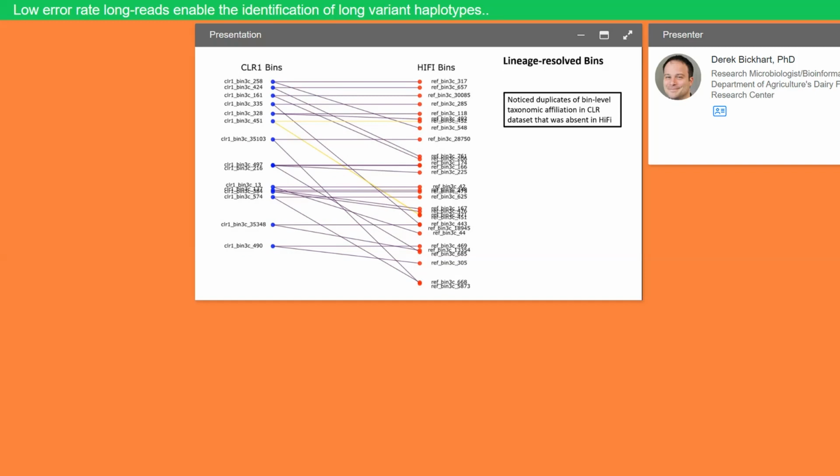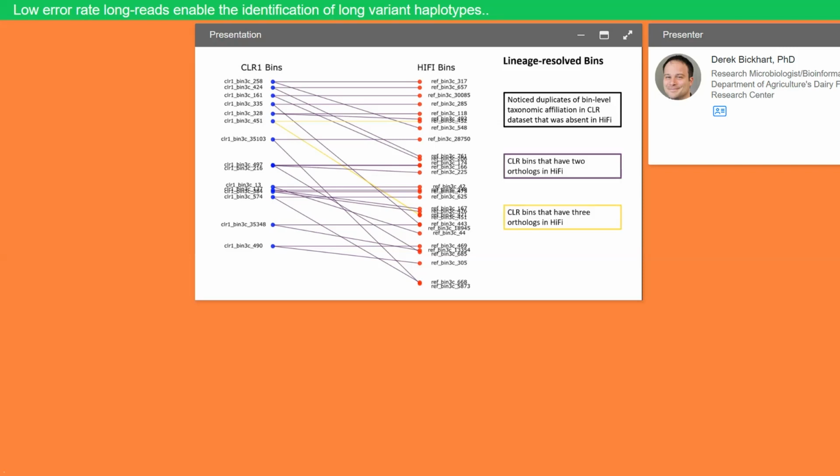And in this bipartite graph, I want to show a comparison between the data set from CLR1 and our HiFi bins. In this graph, we're showing association between bins from the CLR side to HiFi that indicate that they may be orthologous genome assemblies that have been split based on matched distances.